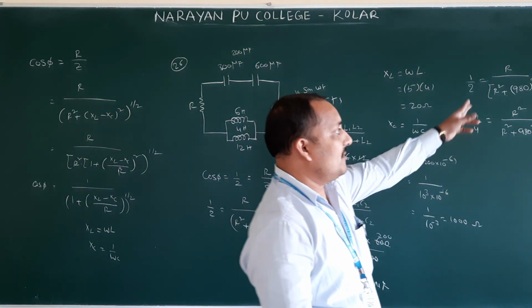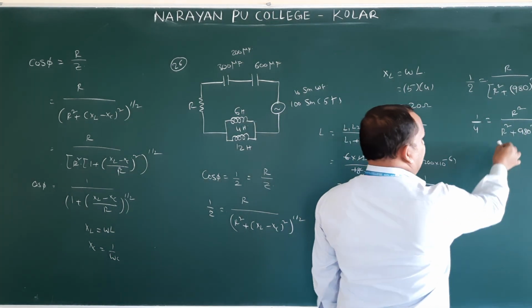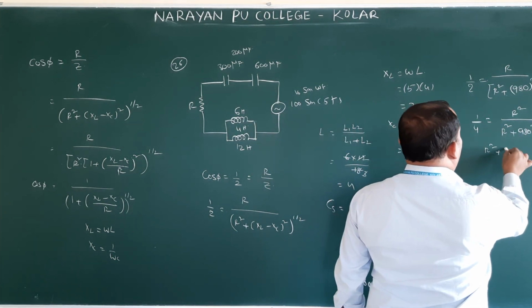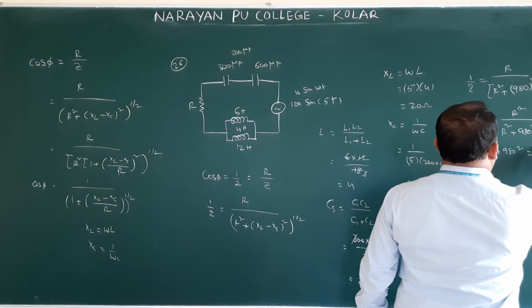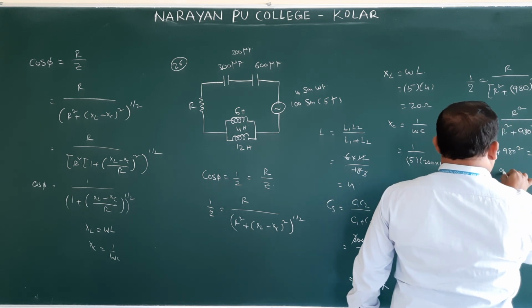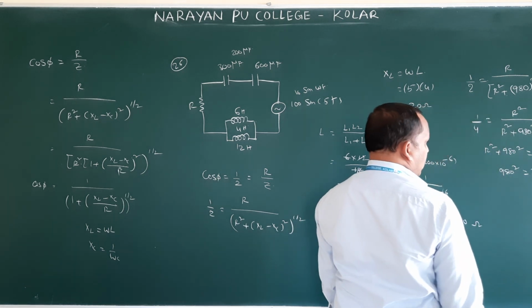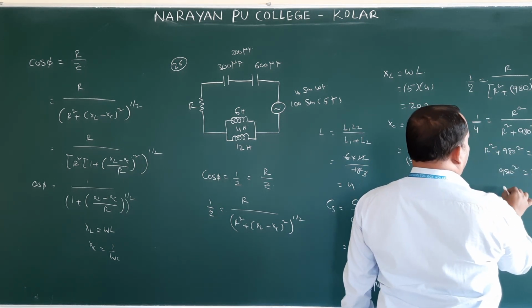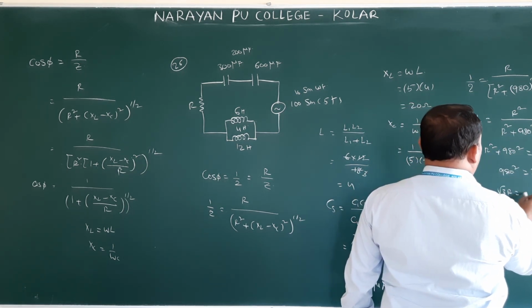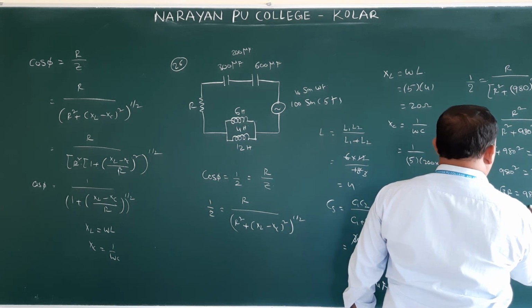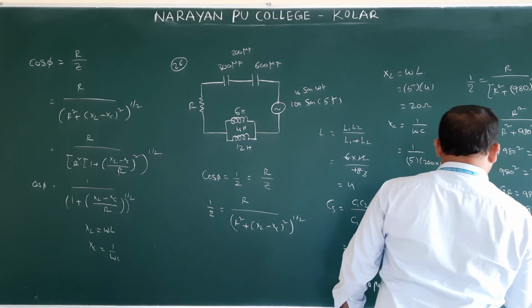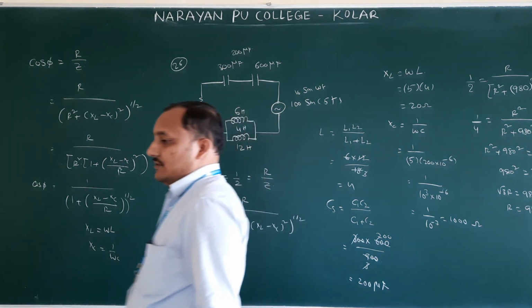Whole power 1 by 2 will be cancelled. So you can solve: R square plus 980 square is equal to 4R square, so 980 square is equal to 3R square. Then root 3 R is equal to 980, R is equal to 980 by root 3.